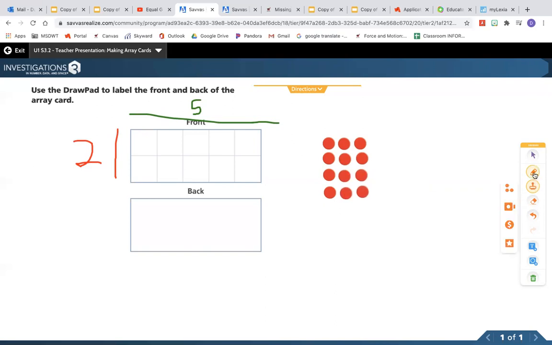Okay, here's my array. How many rows do I have? Send me a chat. Remember, rows always go across. How many rows do I have?